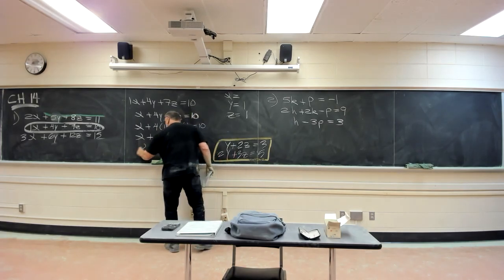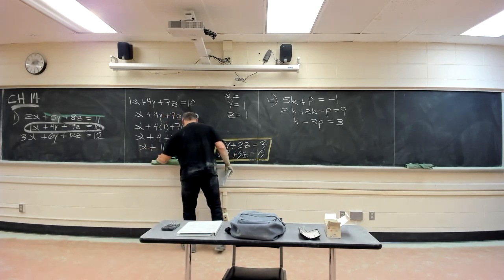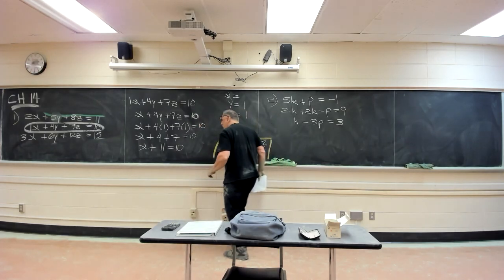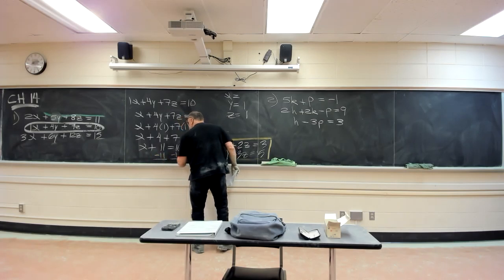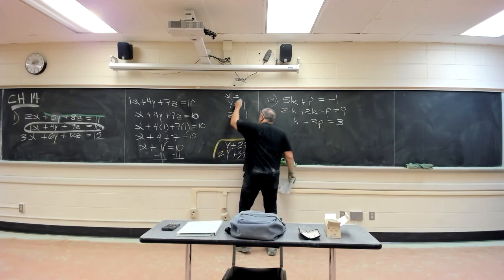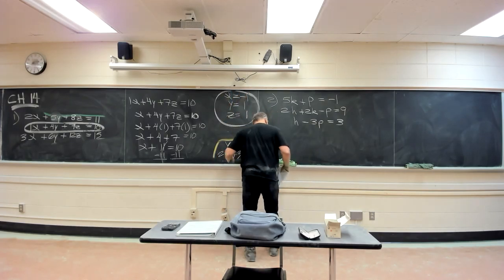Equals 10. 4 and 7 is 11. X plus 11 is equal to 10. Add a negative 11 on each side. X equals negative 1. And there it is.